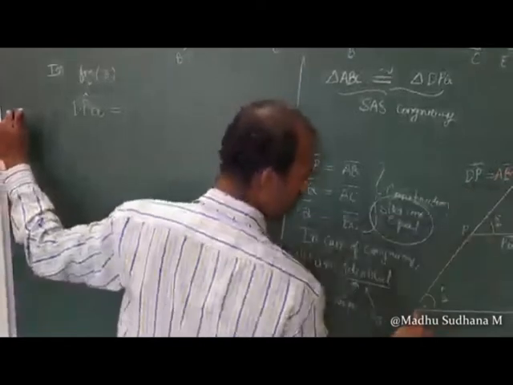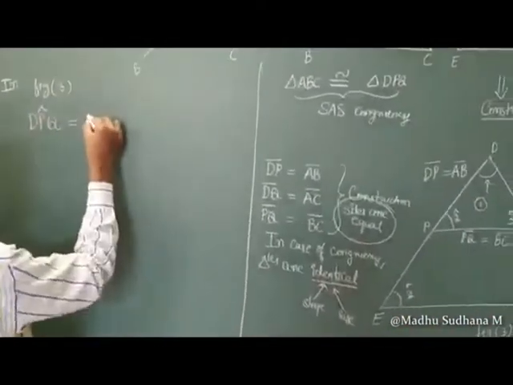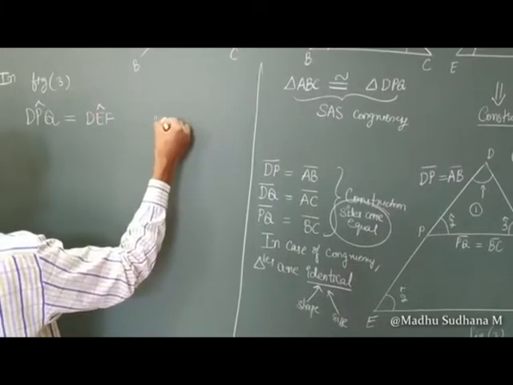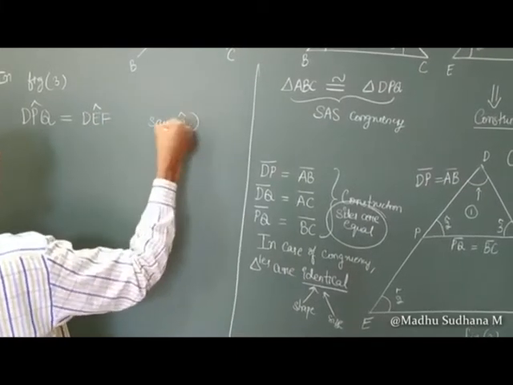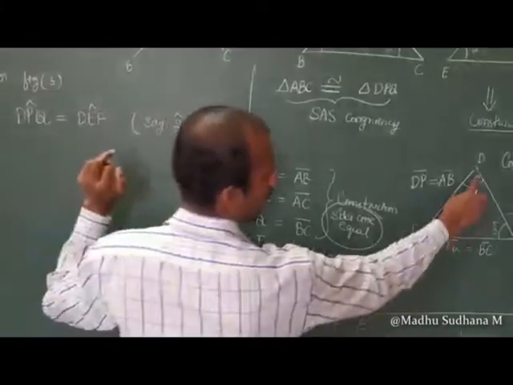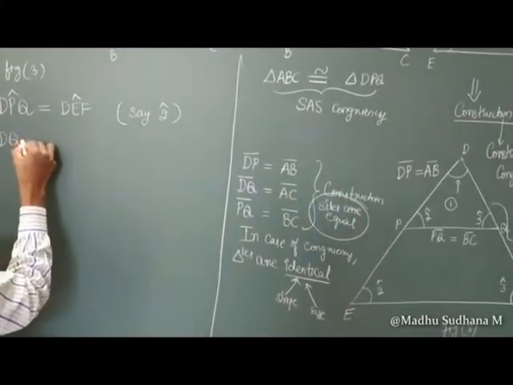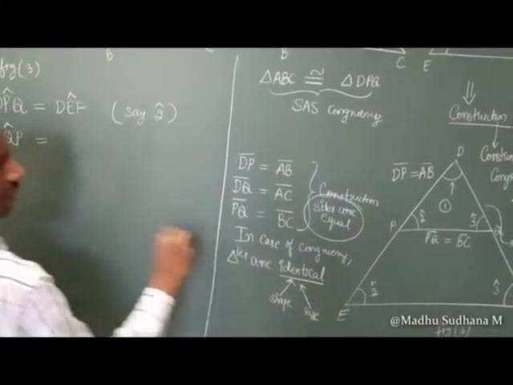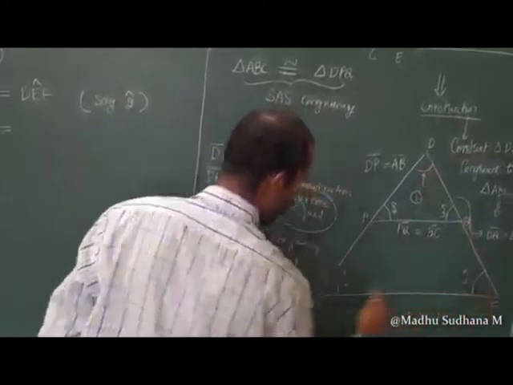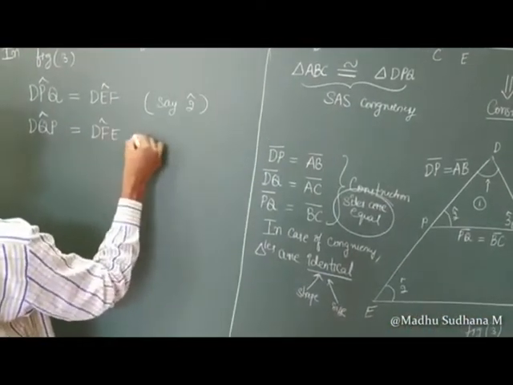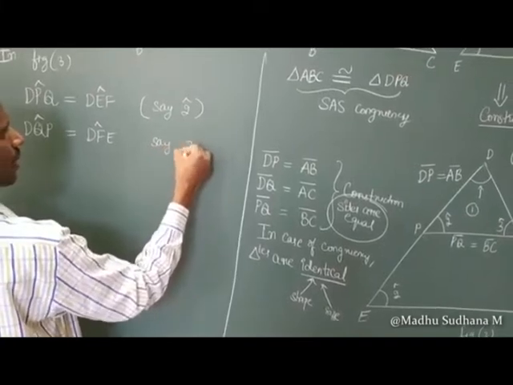Angle DEF, right? So we have called that, say, angle 2, right? Okay. Then similarly, angle DQP, which is equal to angle DFE. We have called that, say, angle 3, right?